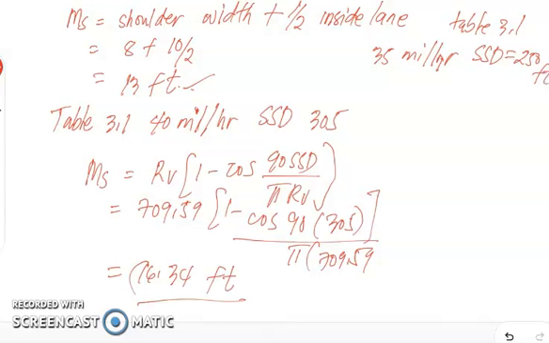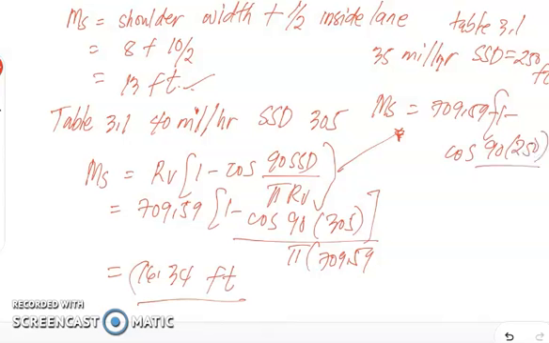So we substitute the values into that equation: 709.59 times 1 minus cosine of 90 times 250 all over pi times 709.59, and the result is equivalent to 10.99 feet. So therefore, since 10.99 is less than our 13 feet, the highway is safe at 35 miles per hour.